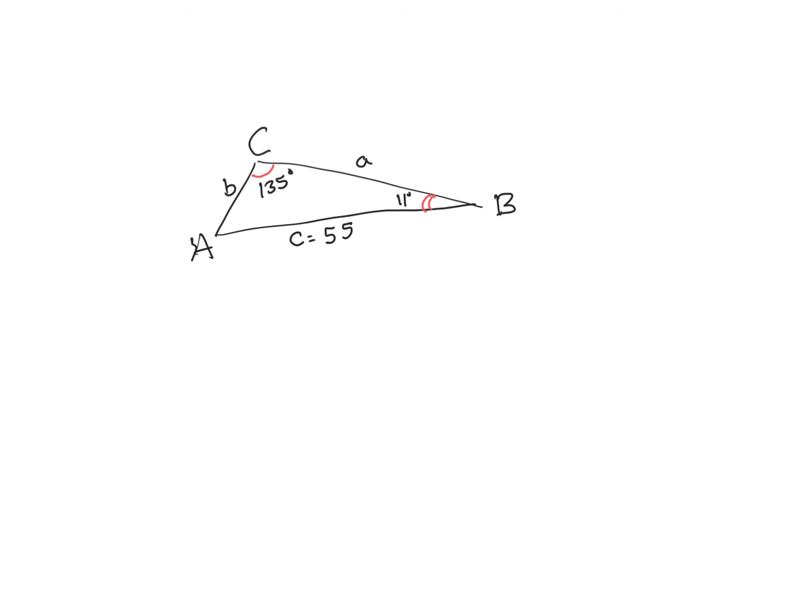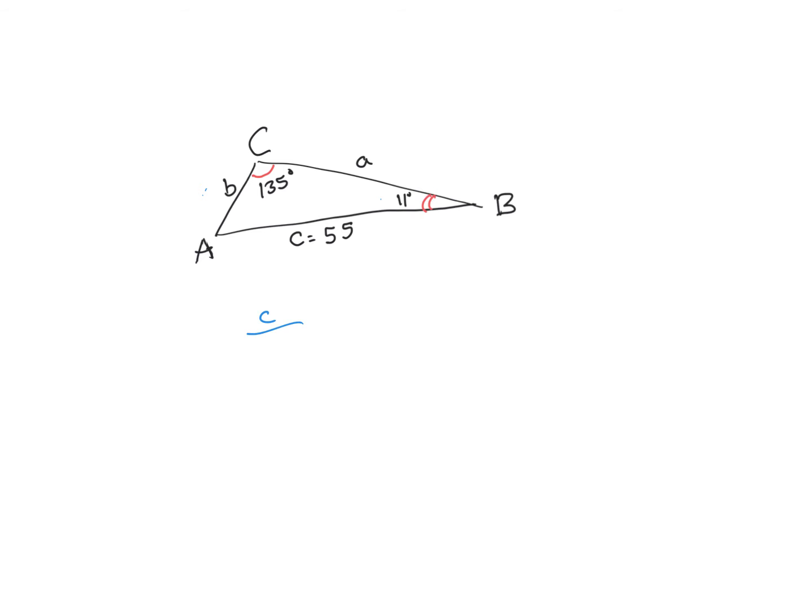Okay, so from this point, let's find the missing pieces that we need given what we have using law of sines. Let's do B, right? Because I have an angle, I'm missing a side. I have both my side and my angle for C, so I'm gonna set that up.